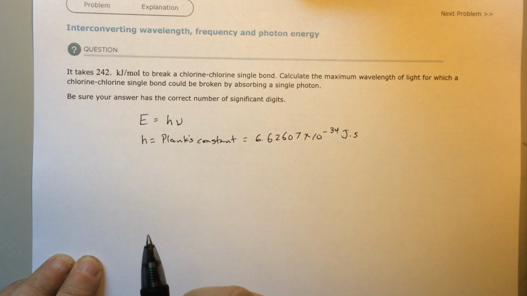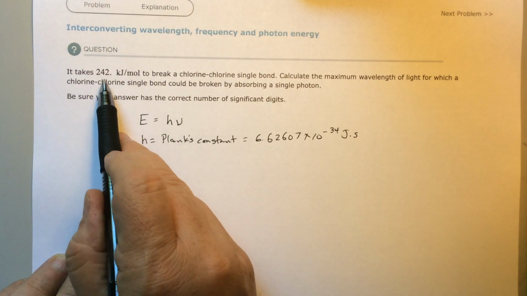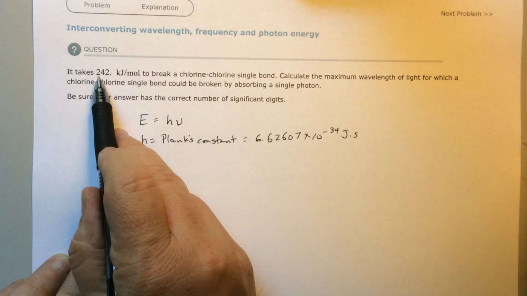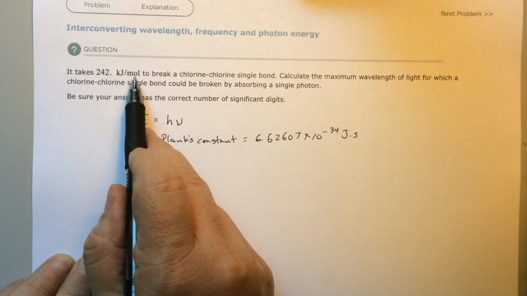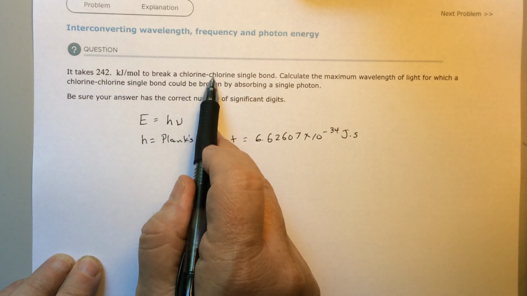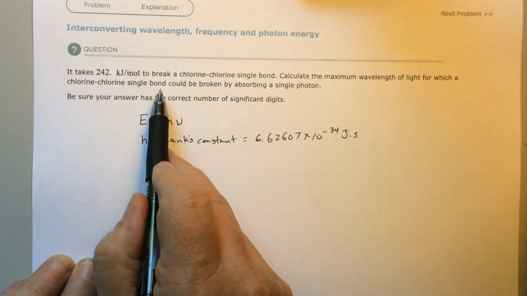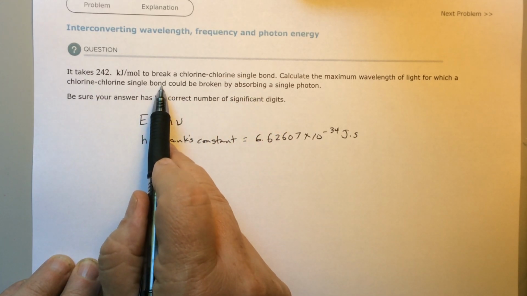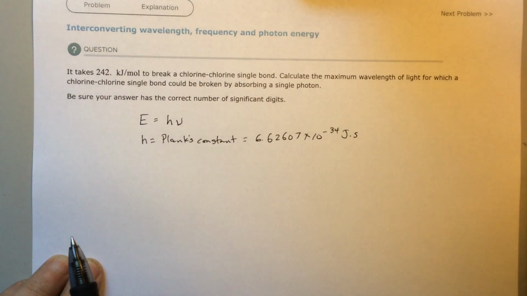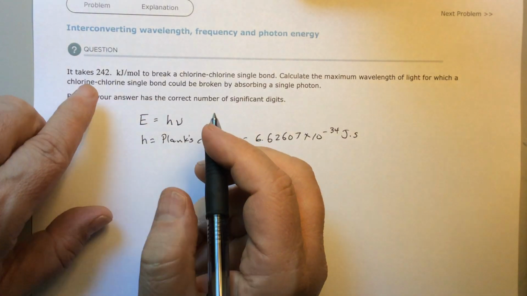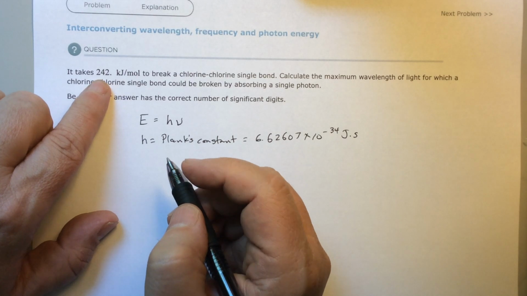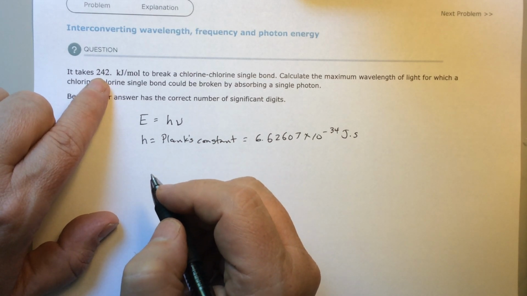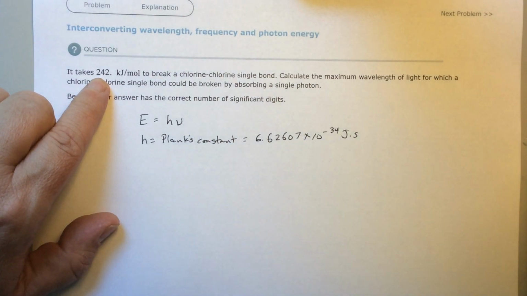By knowing this, you're going to see that this is the energy. It takes 242 kilojoules for every mole to break all the bonds. We're only wanting the energy of one single bond, so we want one molecule, not a mole of molecules. So we first want to take this down to how much energy it's going to take for one molecule.